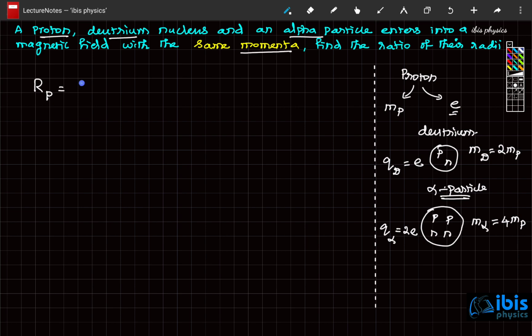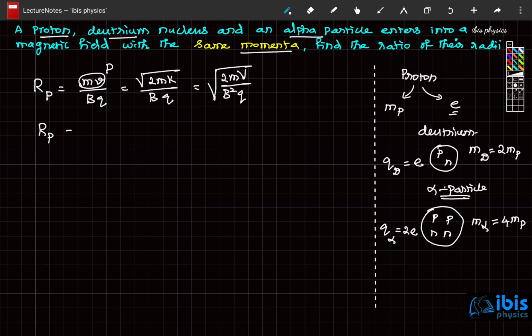We already know that the radius of a charged particle is either mv by bq, or root 2m times kinetic energy by bq, or root 2mV divided by b square q, if V is the voltage across which particles are accelerated. Kinetic energy is that of the particles, and mv is the momentum p. So the radius of the charged particle can be written as momentum of the charged particle by bq.